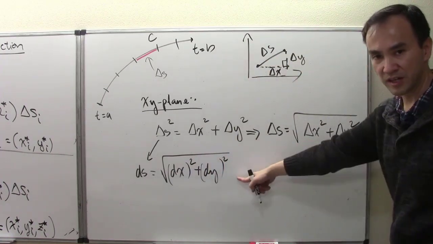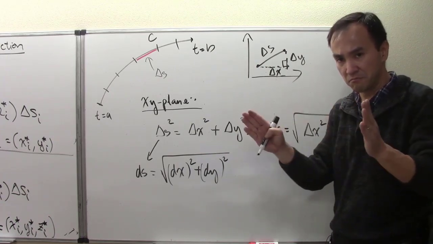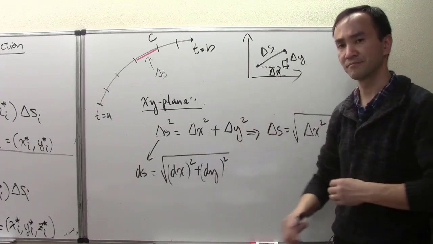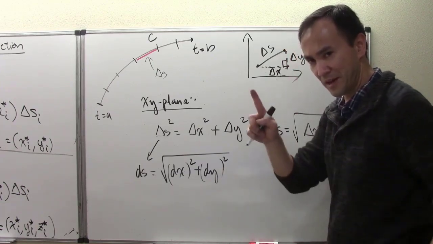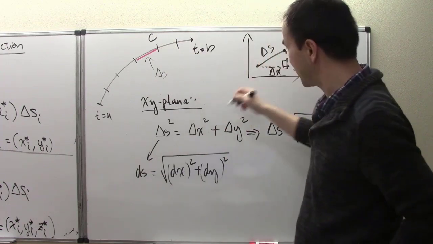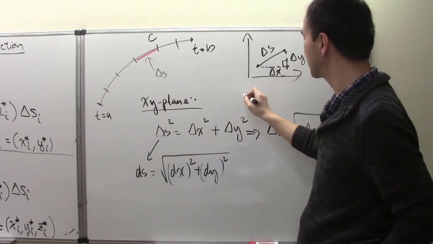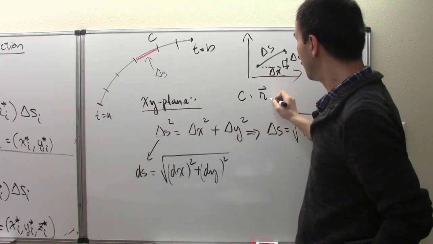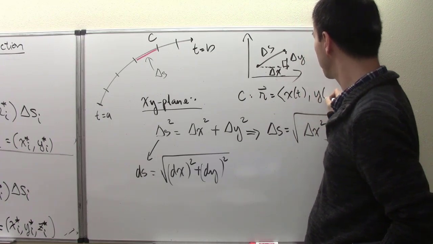This formula becomes that when we're breaking it down into infinitely many delta S. Now remember the fact that C here is parameterized. In the case of two dimensions on the x and y plane, C is parameterized by r equals x of t comma y of t.